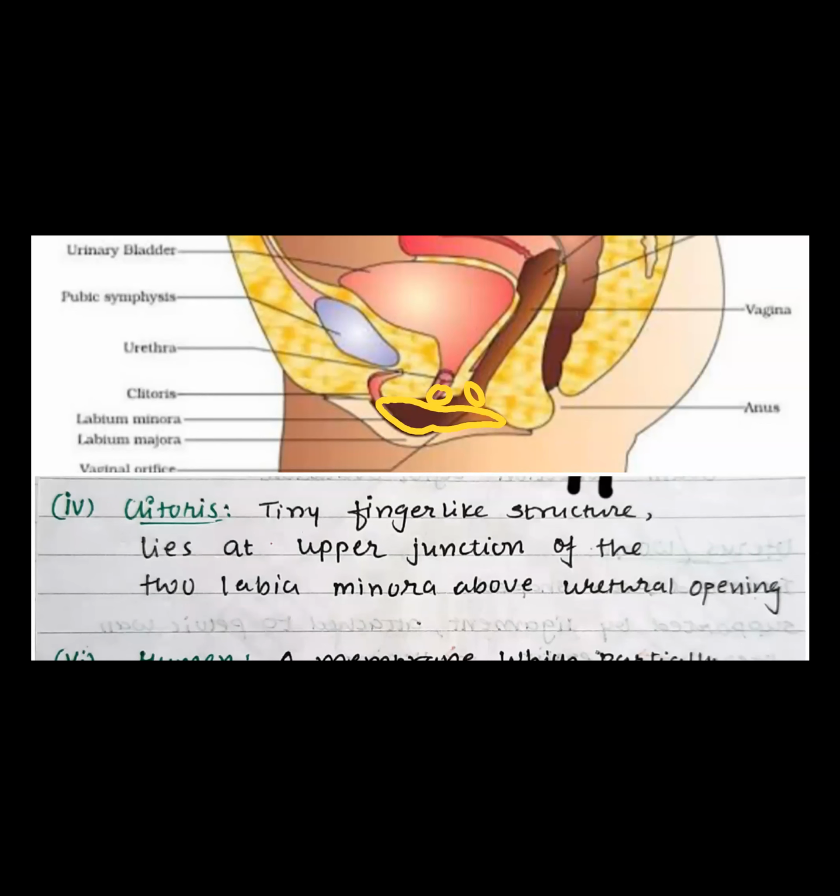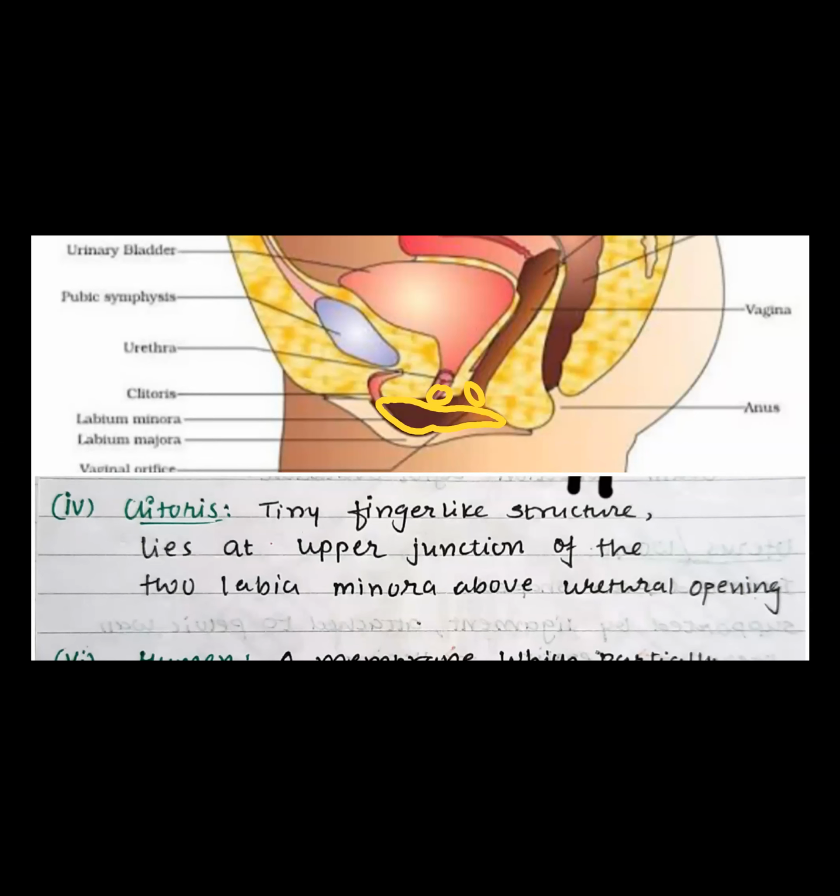Basically, the clitoris doesn't participate much in sexual reproduction, in the sense that it neither produces anything, neither hormone nor gametes, nor is it a passage for gamete transfer or baby transfer. It is just associated with the female reproductive system.